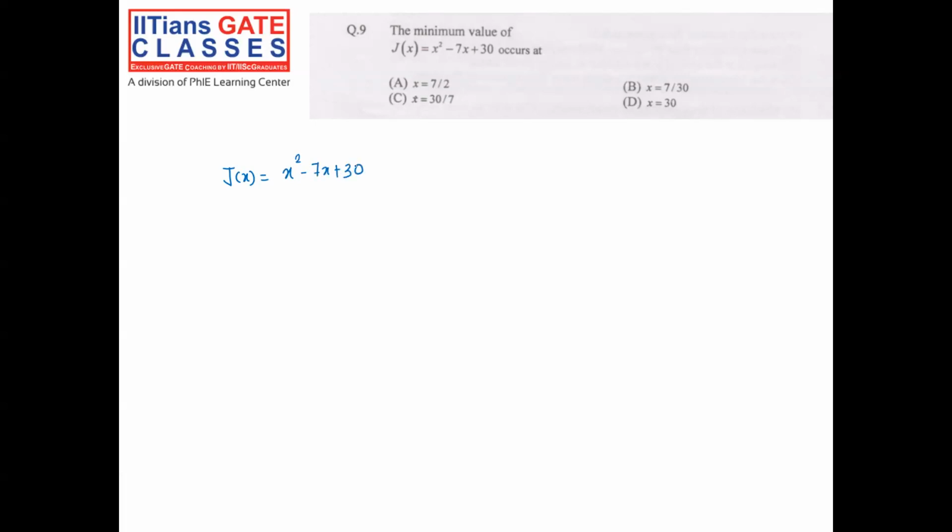Whenever we calculate the minimum or maximum value, we always take a derivative and equate it to 0. So let's calculate g dash of x, and it is 2x minus 7. Let's equate it to 0, and we will end up with x is equal to 7 by 2. Okay, so there is only one option, which is option A.